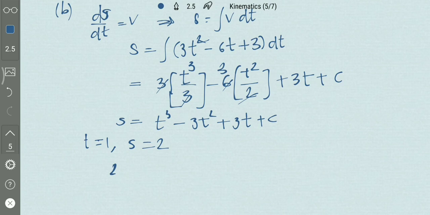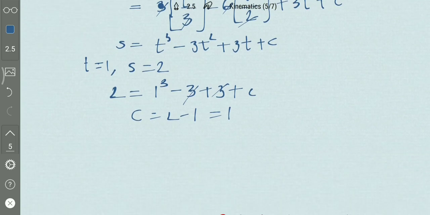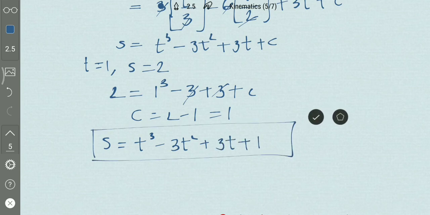So s is 2, right? 2 = 1³ − 3 + 3 + c. The 3 gets cancelled and c = 2 − 1, which is 1. So s will be t³ − 3t² + 3t + 1. This will be s.